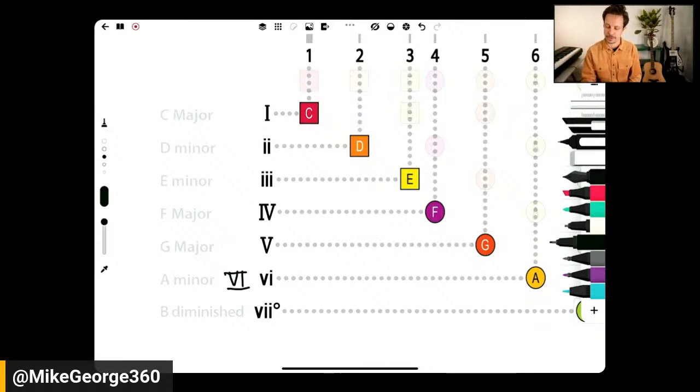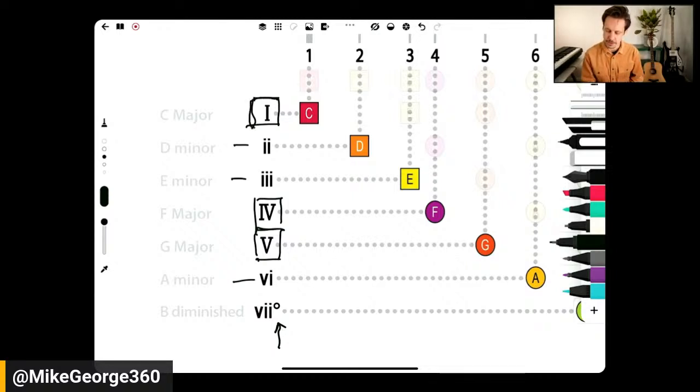What do I mean by capital letters? Because as you'll notice, some of these numerals are capital, and then some of them are lowercase, and then also this one has this crazy looking circle symbol. So let's unpack that a bit.